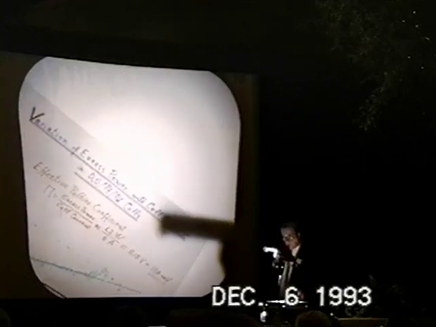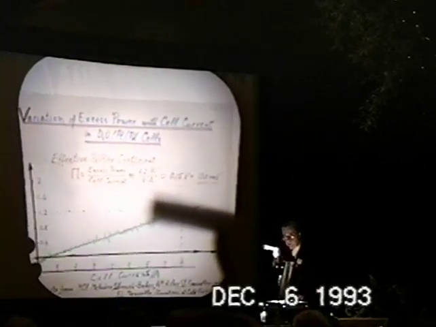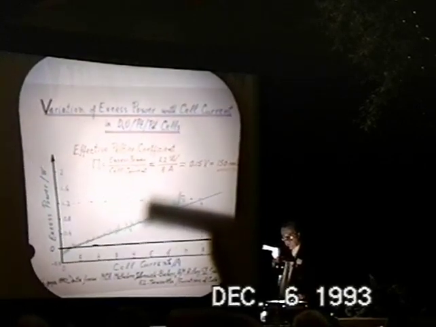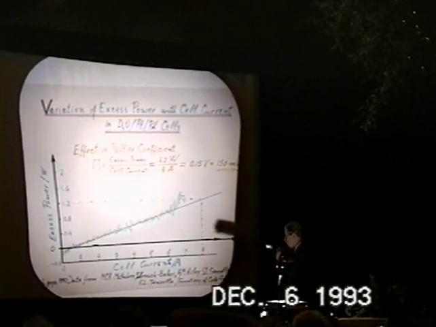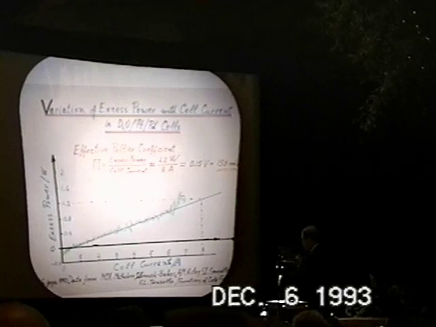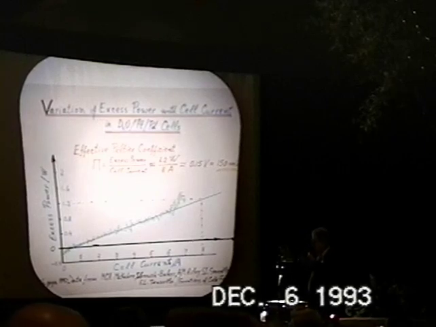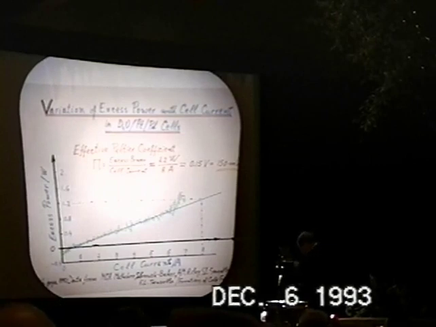There are hundreds of examples where we have this characteristic proportionality of the excess heat with the total quantity of electricity that passes through the cell, or proportionality of the excess power with the current.